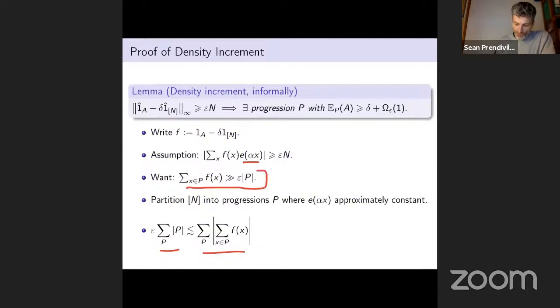We're wanting to show this, remember? And now we could apply the pigeonhole principle and we would have established this fact, but there's this problem about absolute values. How do we get rid of absolute values? Well, let's remember that the sum of our function is 0 because it's a balanced function. So we can add it to either side of this inequality and we don't affect the inequality. This number is 0.